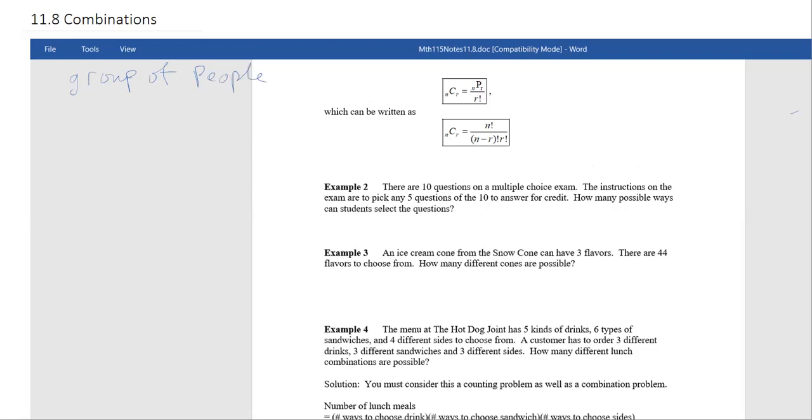There's no order to the group. You might have three people, like John, Joe, and Jack. Doesn't matter. This is a group of three people. It doesn't matter if I list them as Joe, John, and Jack.